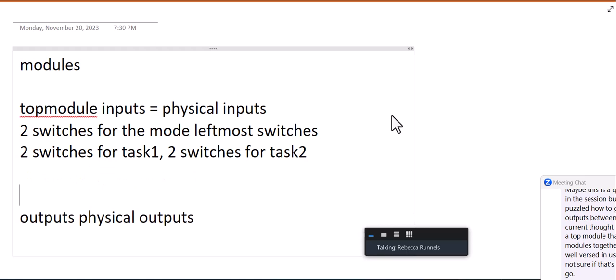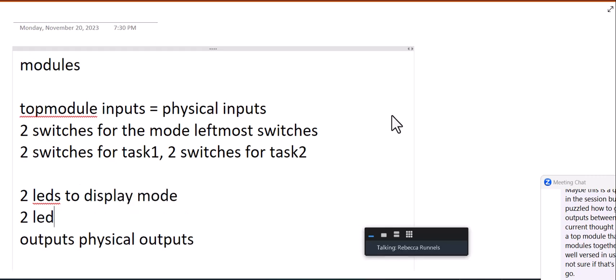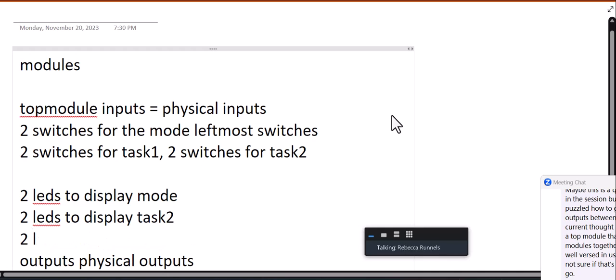You'll have 2 LEDs to display the mode, 2 LEDs to display task 2, and 2 LEDs to display task 1.